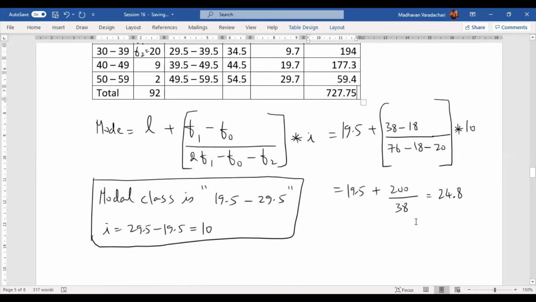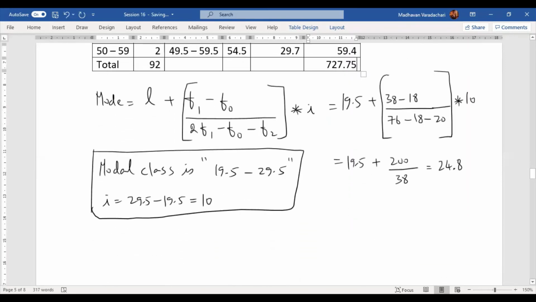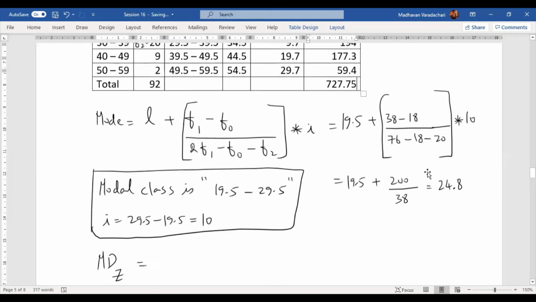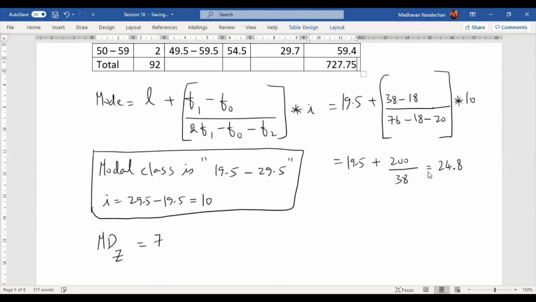So once we have this value, we can calculate mean deviation about mode is equal to whatever value we got, that is 727.75 divided by the total frequency, which is 92. We get 7.9.